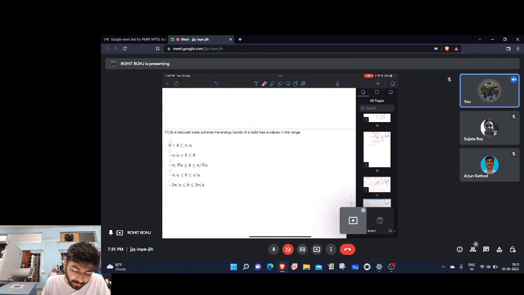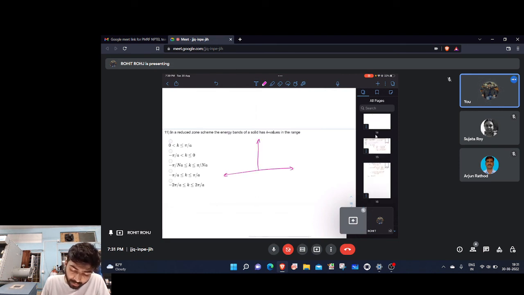Now the next question, the 11th: in a reduced zone scheme, the energy bands of a solid have k values in the range. In the reduced zone scheme, one can bring all the other bands into a single zone, and one would have a situation of this kind. You can have multiple bands going above. This is pi by a and minus pi by a.